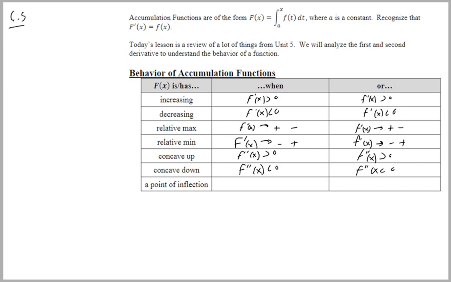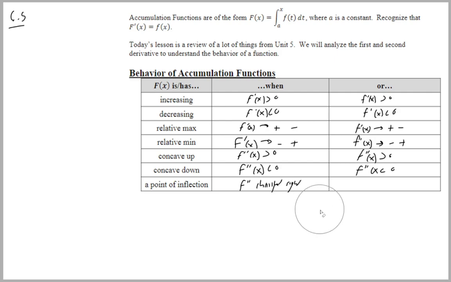It also includes a point of inflection. If big F double prime changes signs, that's a point of inflection.